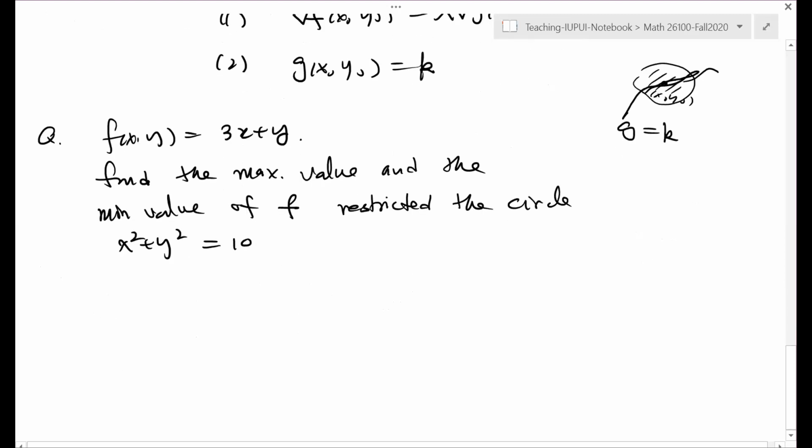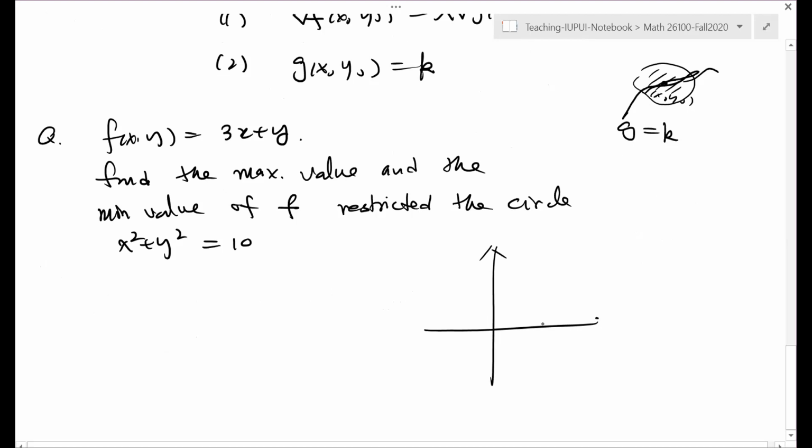So that means I'm not talking about the function defined on the whole plane. The function 3x plus y on the whole plane does not have a local maximum value. When we say maximum value, it means absolute maximum value. So 3x plus y can be as large or as small as possible.